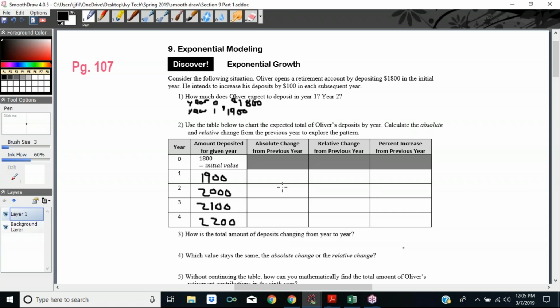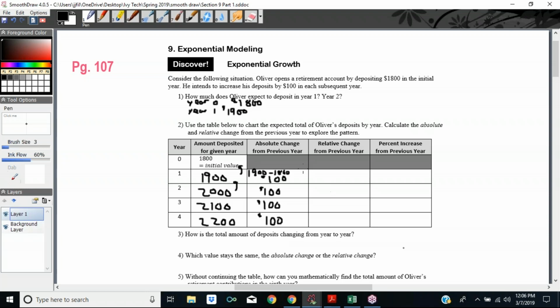So what this table asks us to do is find the absolute and relative change. So remember, the absolute changes, you just subtract these two consecutive values, 1,900 minus 1,800. That gives us $100. And then subtracting these two, you guessed it, $100. So each year, the absolute change is $100 because they're increasing it by $100.